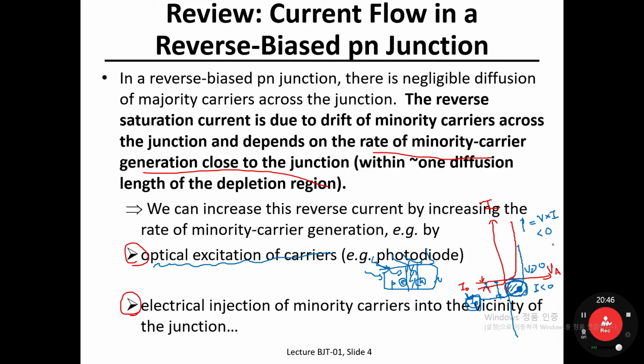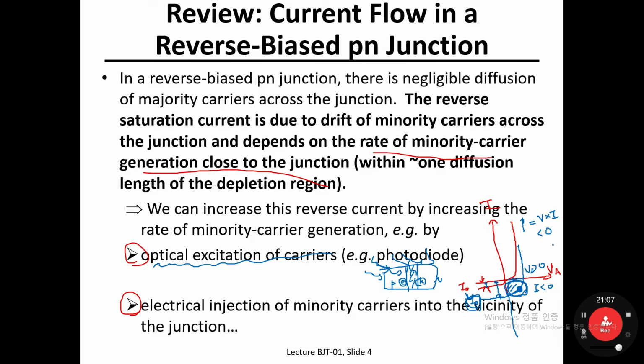And that N plus region can be placed right onto the P side. And that newly created N plus P junction should be forward biased. Then we can have a huge resource to supply a humongous number of electrons into the P side.